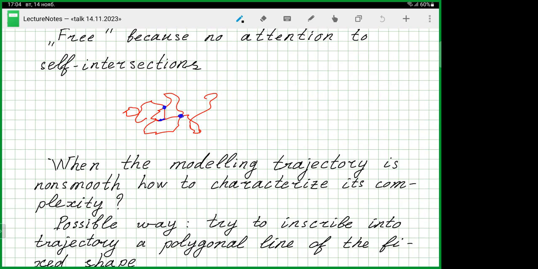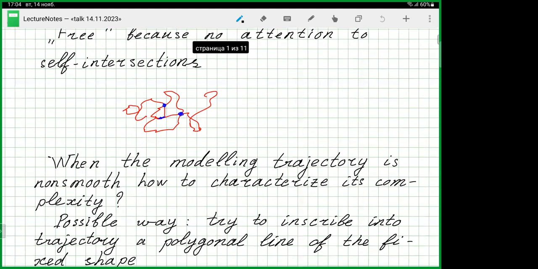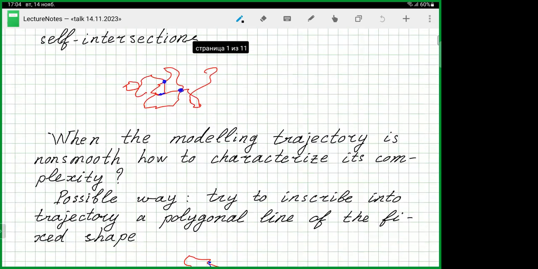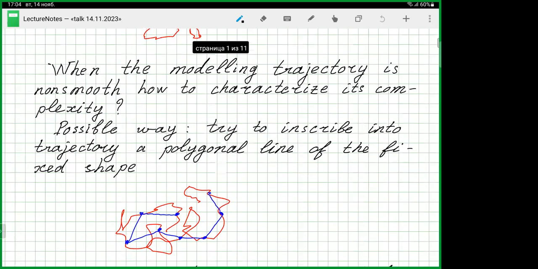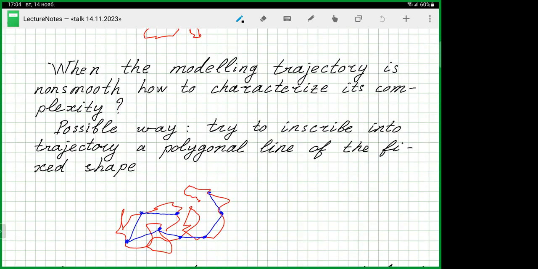So we need something else, and one of the possible ways was already discussed before, and it looks as follows.